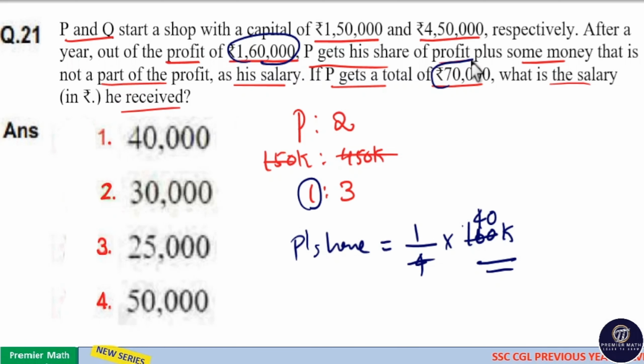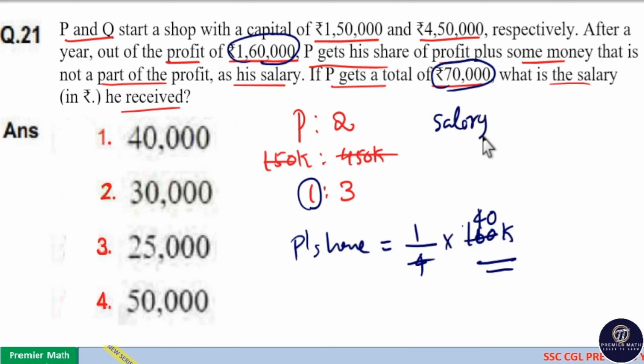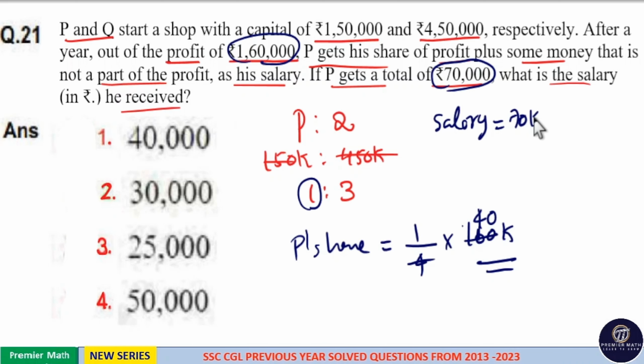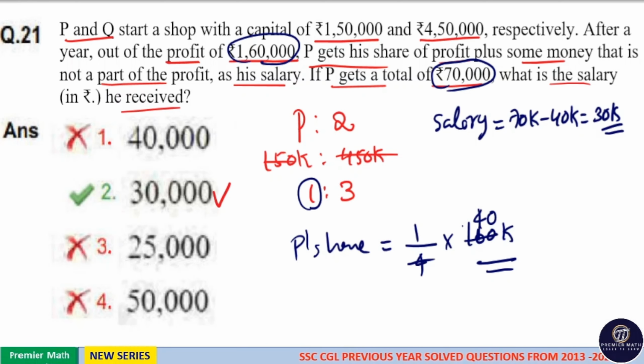But he got 70,000, which means salary is equal to 70,000 minus 40,000, that is 30,000 is the salary of P. So option 2 is your answer.